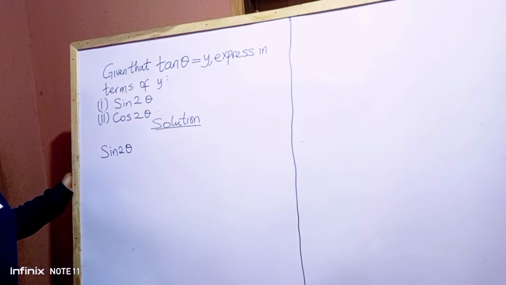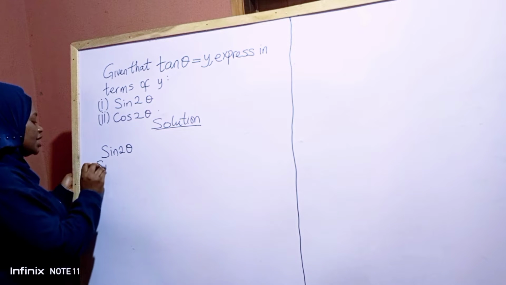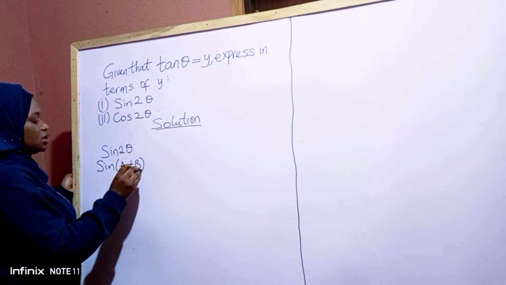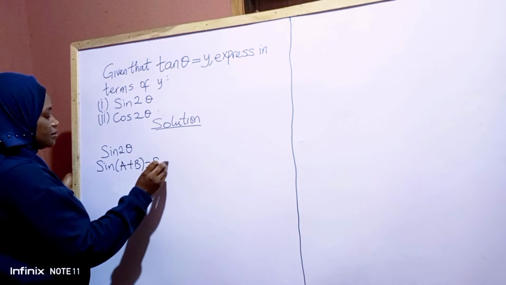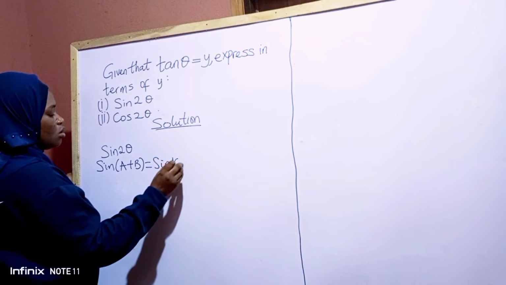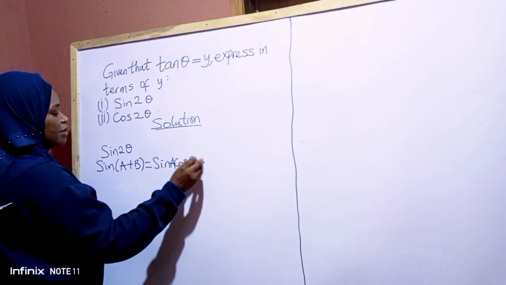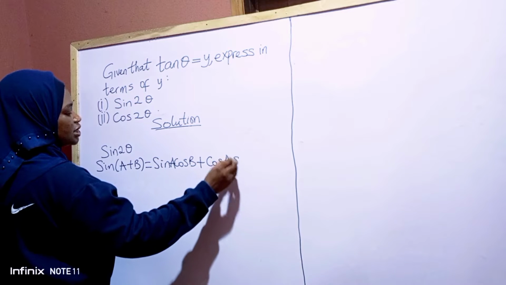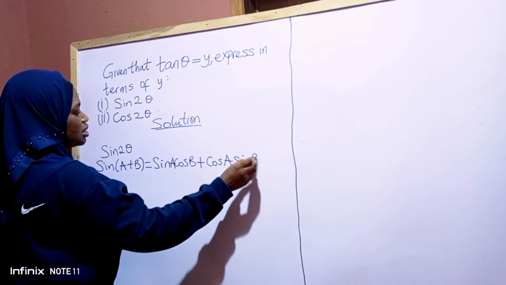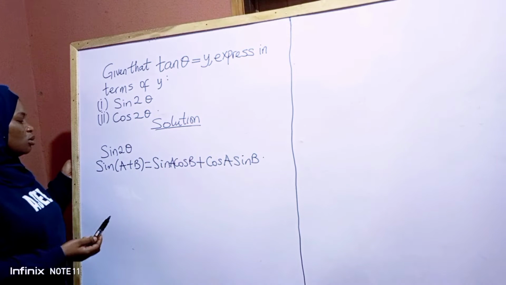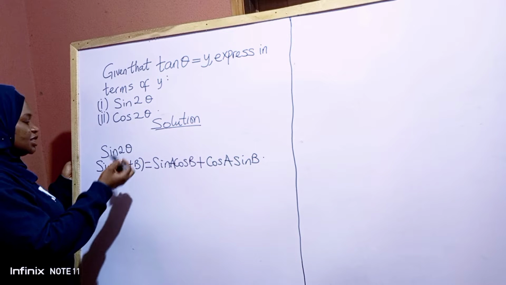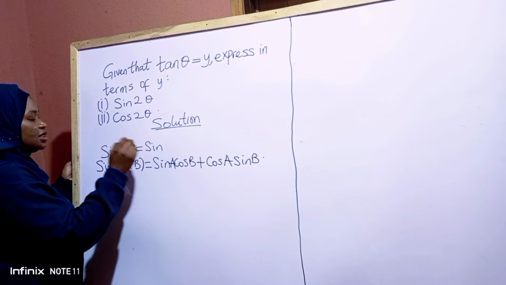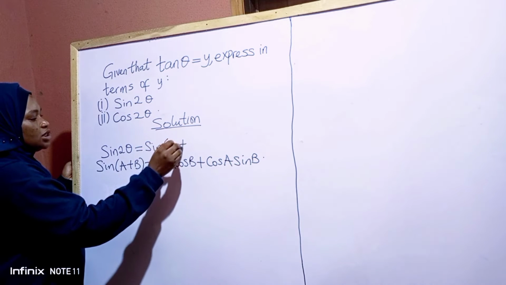by addition formula, you know that we have sine (a plus b) is equal to sine a cos b, plus cos a sine b, and so on. Now, you can see that this 2 theta, we can express it as theta plus theta.